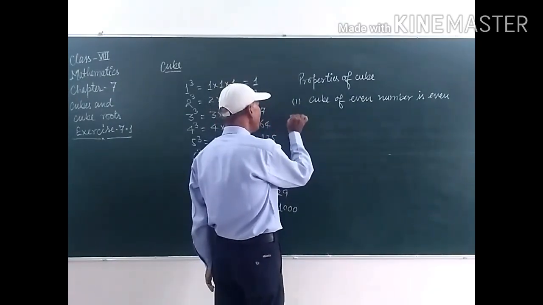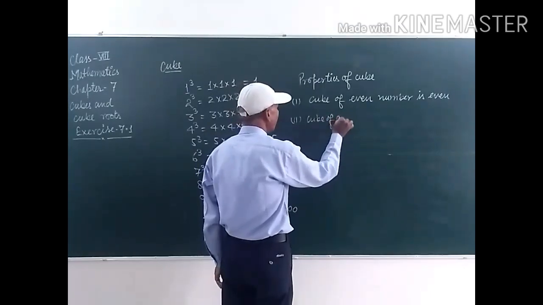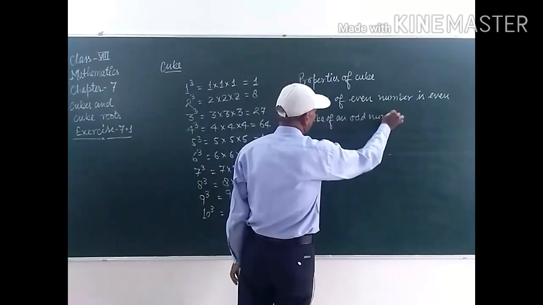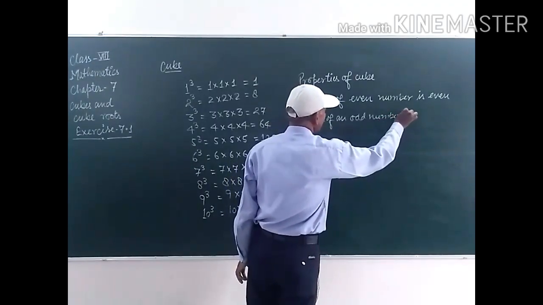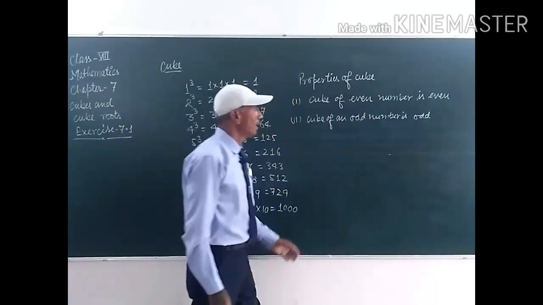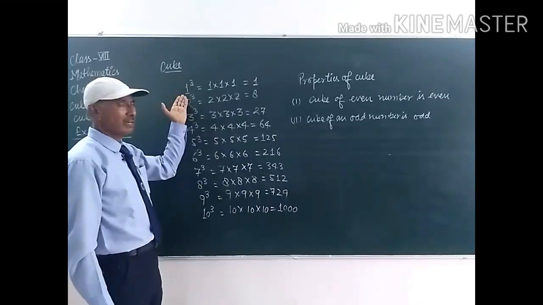And the second property, the cube of an odd number is odd. Clear student? In this table we find that the cube of this odd number 1 is an odd number student.